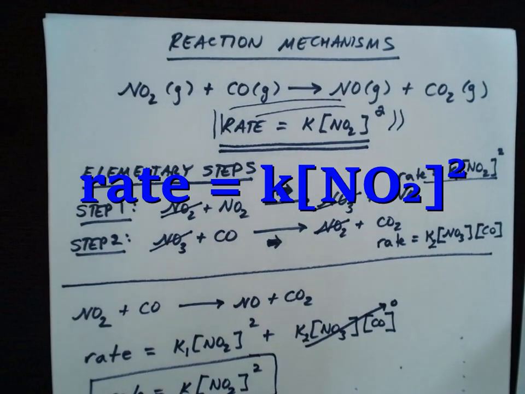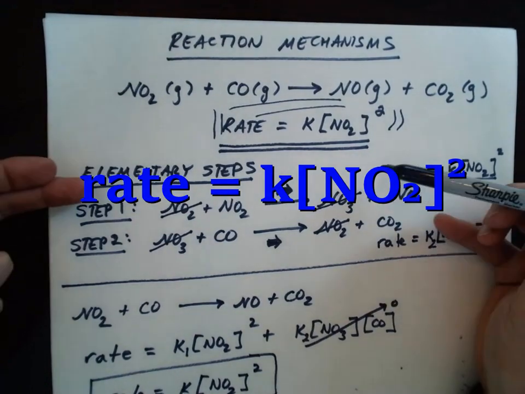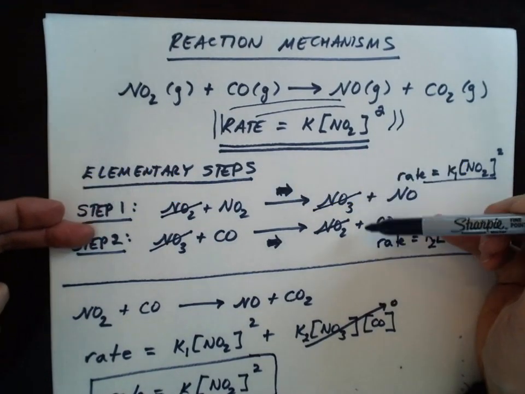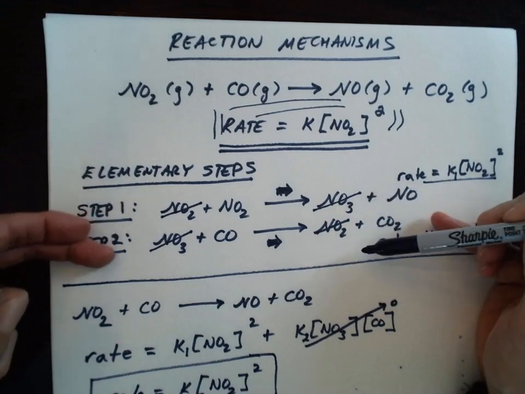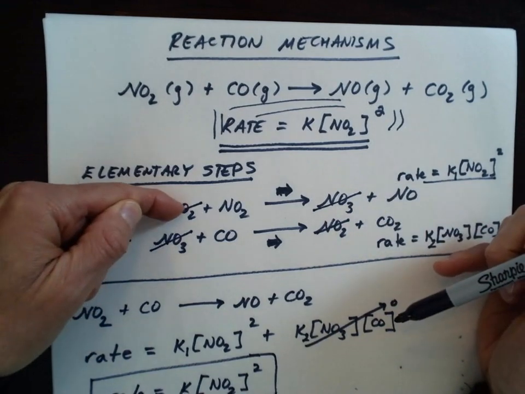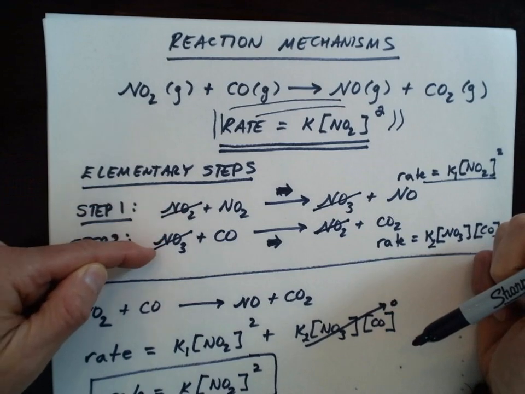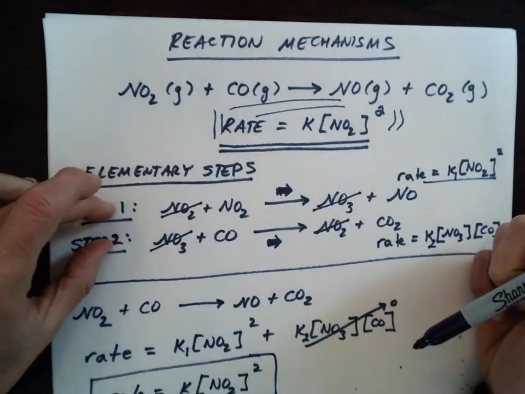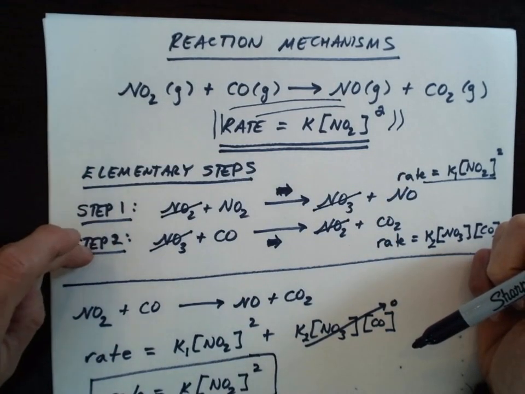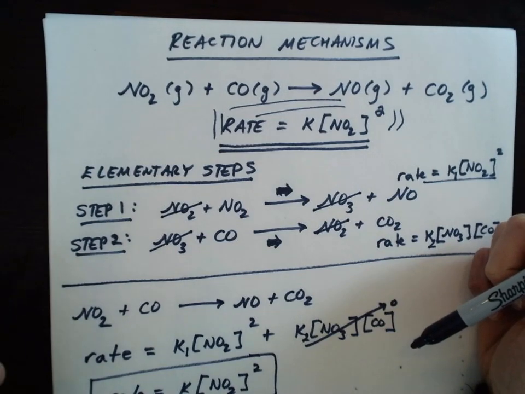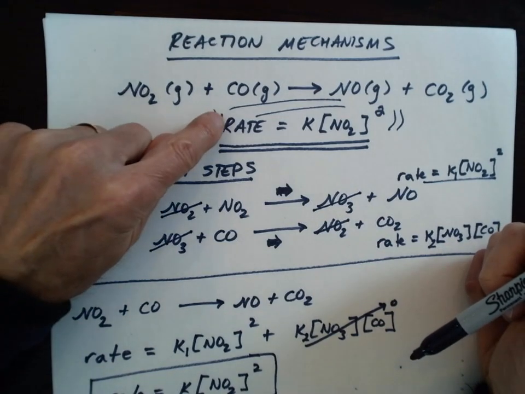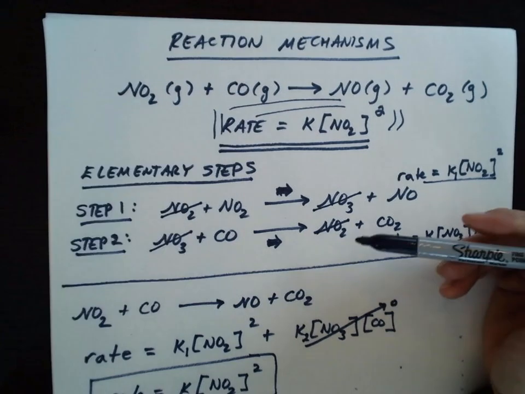And so what we can say is that this series of elementary steps, if step 1 is slow and step 2 is fast, if we assume this with this slow and this fast, then those assumptions are consistent with what we find experimentally.